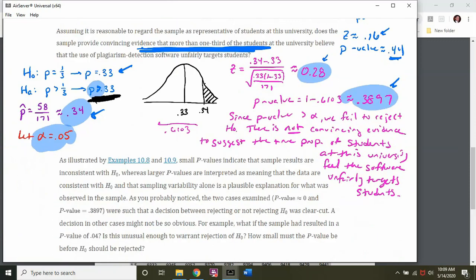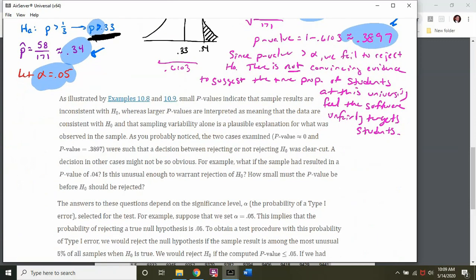Now look, as illustrated in the previous examples, in 10.8 we got a really small p-value. A small p-value indicates that the sample results are inconsistent with our null hypothesis, meaning very unlikely to occur.